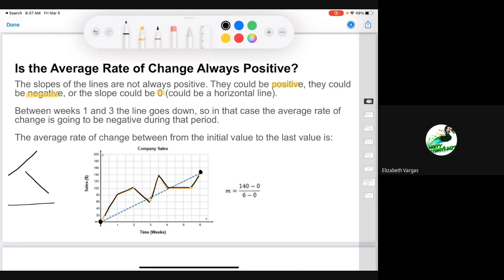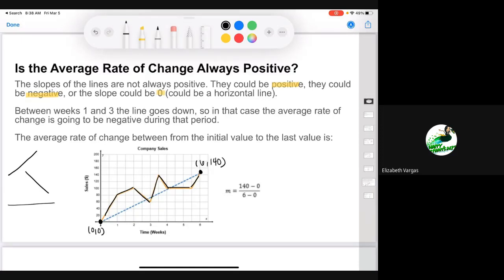So this one would be 6, 140, x comes first, and then this one would be 0, 0.